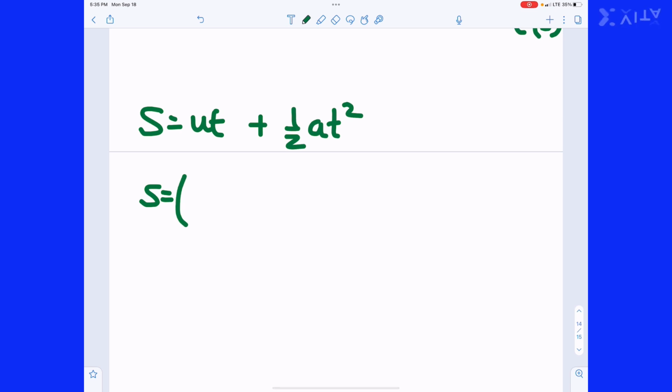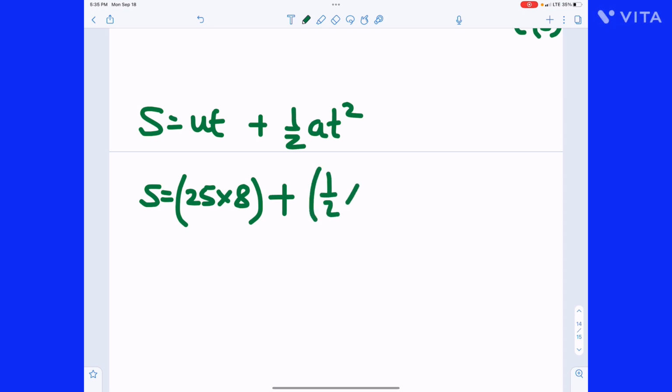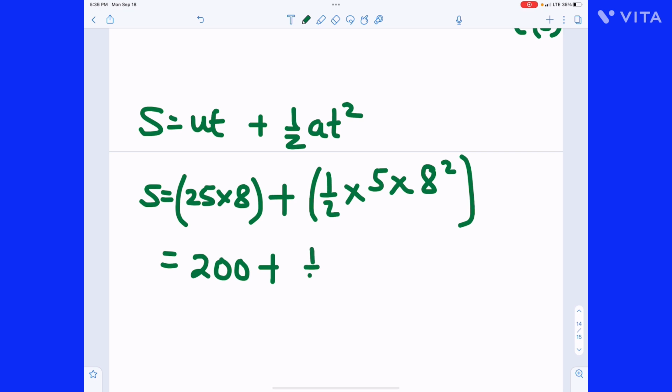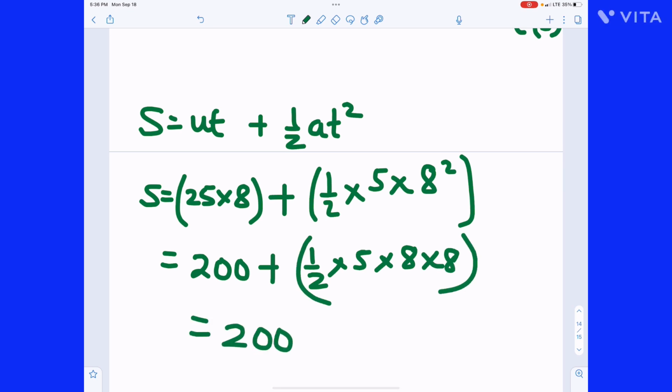The initial velocity is 25, time of acceleration 8 seconds, half times acceleration 5 times t squared, 8 squared. That gives me 200 plus what? Half times 5 times 8 times 8. So what's that going to give you? 200 plus, that's 5 times 4 times 8.